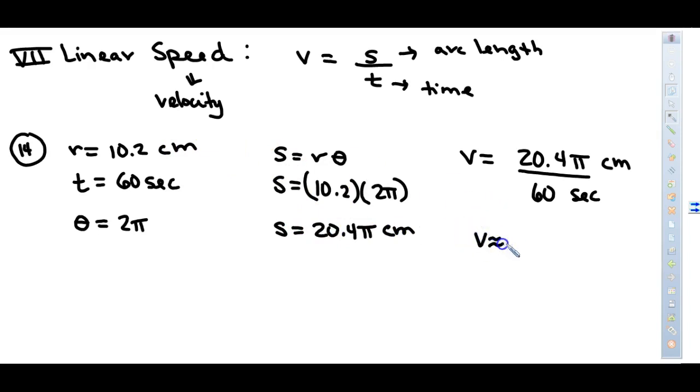Okay, and then you can use the calculator to divide all of this out, and it will tell you that its speed is 1.068 centimeters per second. And what that refers to is how fast something is going around that circle. You had something that started here and it started moving around that circle. So it's moving at 1.068 centimeters per second.